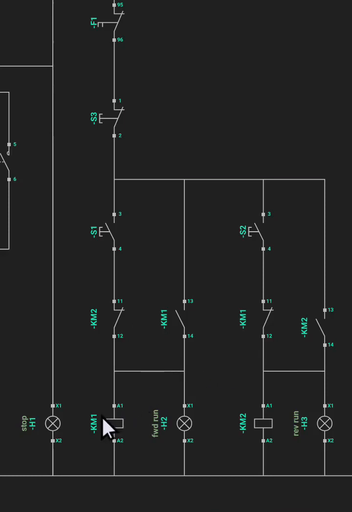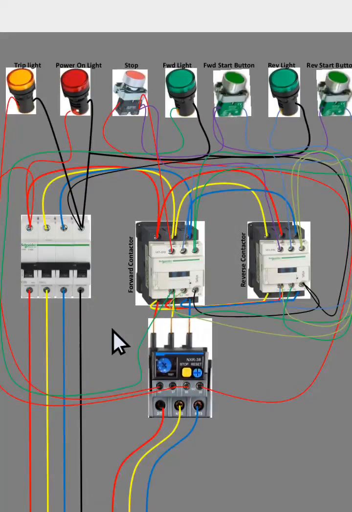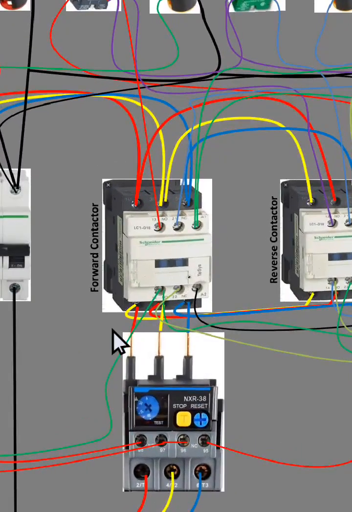So the coil of the forward contactor is coming from the normally close of the reverse contactor. We can still see this, the coil of the forward contactor.